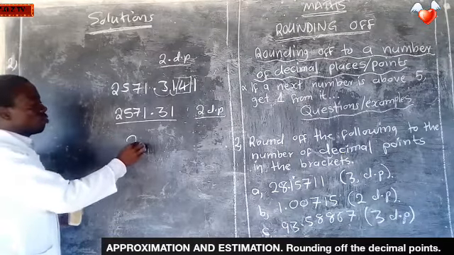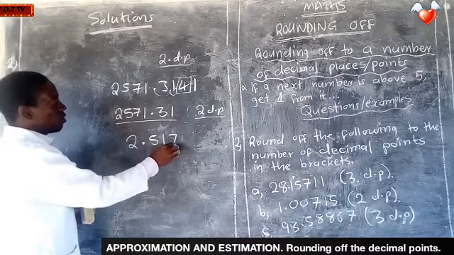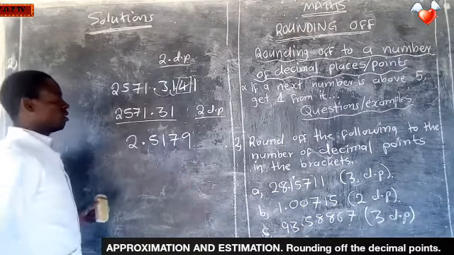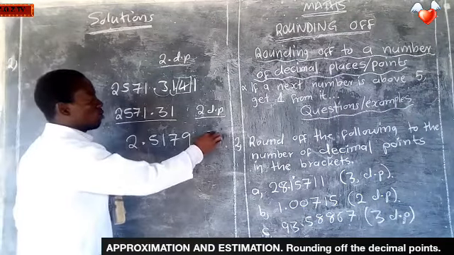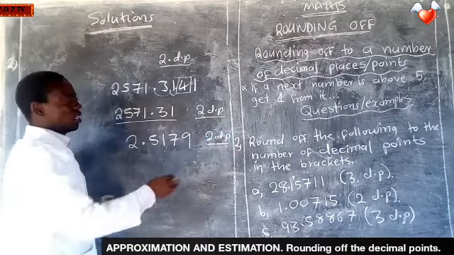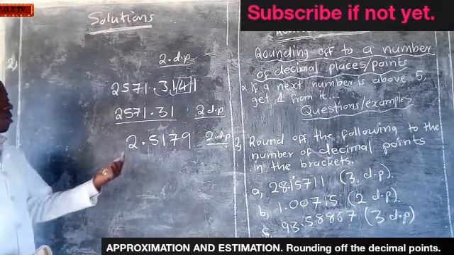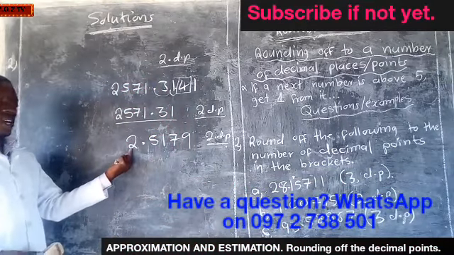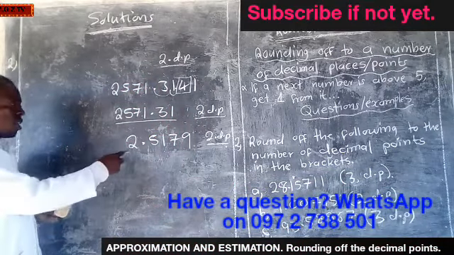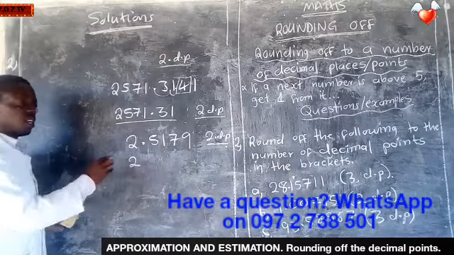What if I have 2.5179? Then the question says round off to 2 decimal places. Look at the point. The point is here. Before the point, there are numbers. So all the numbers, write them without changing anything.